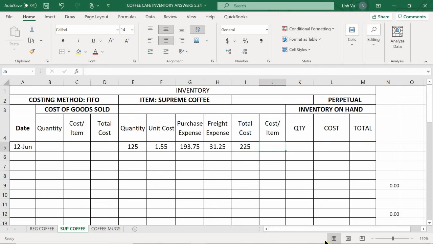If we're using FIFO, what is my cost per item? $1.80. Equal this divided by the quantity gives you $1.80. Okay.